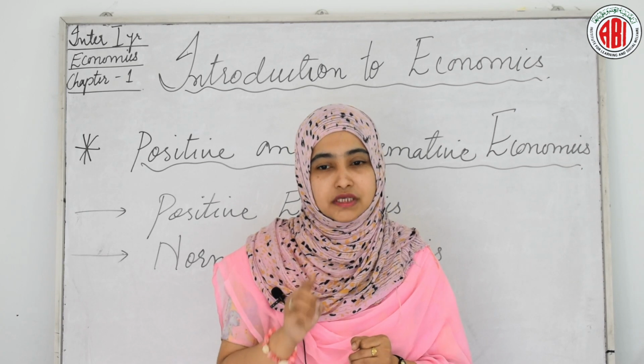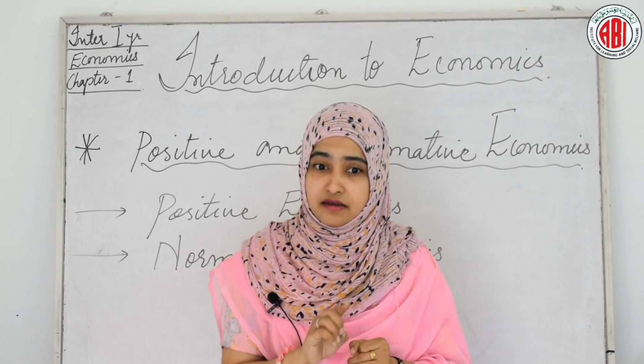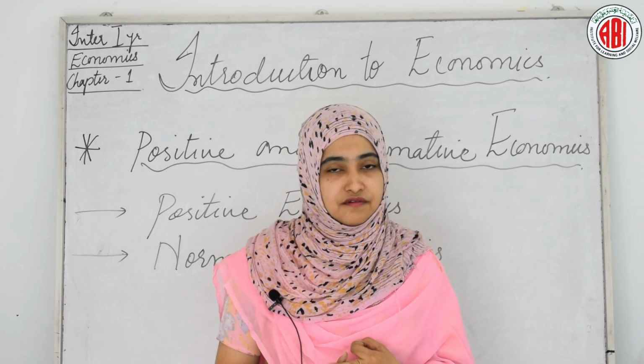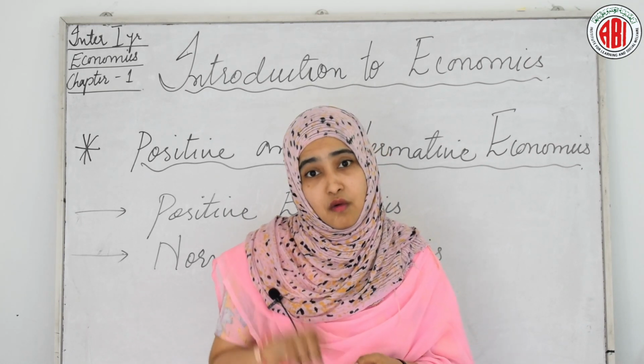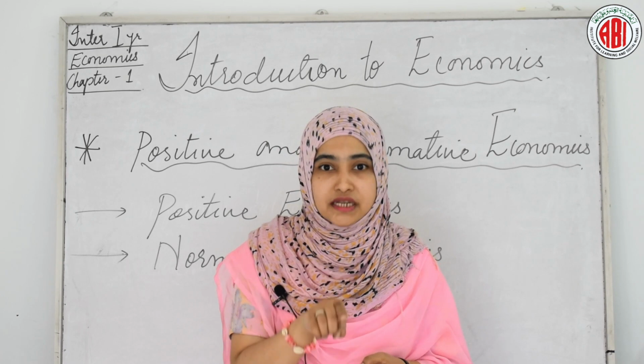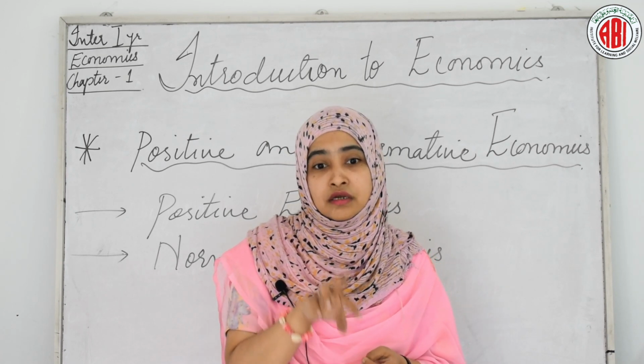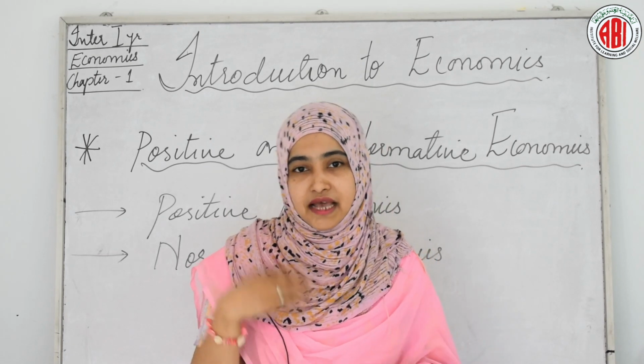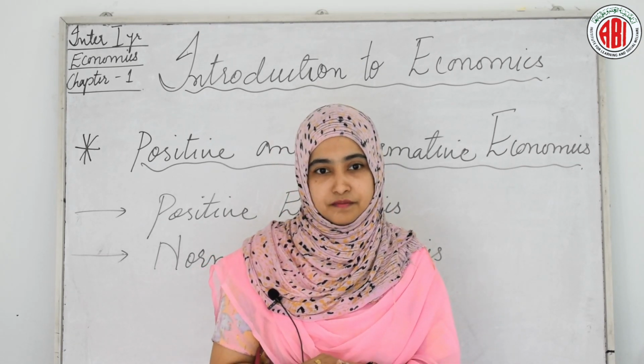Therefore, economics is not only a positive science but also a normative science. Have you noticed the difference, how they interrelate, and how the conclusion applies on both sides, normative as well as positive?